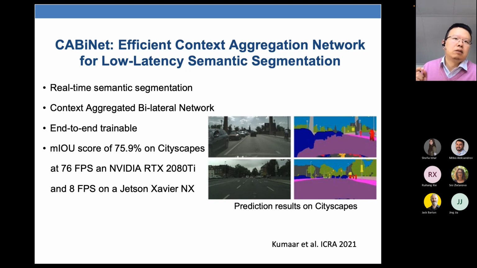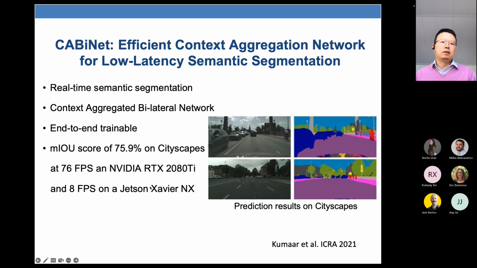While this is not the top, at the moment some methods can go to, let's say, 83 to 85% IOU score on Cityscapes. While we have 76% on this data set, we maintain 76 frames per second. That's pretty fast on a modern GPU, an NVIDIA 2080 Ti.